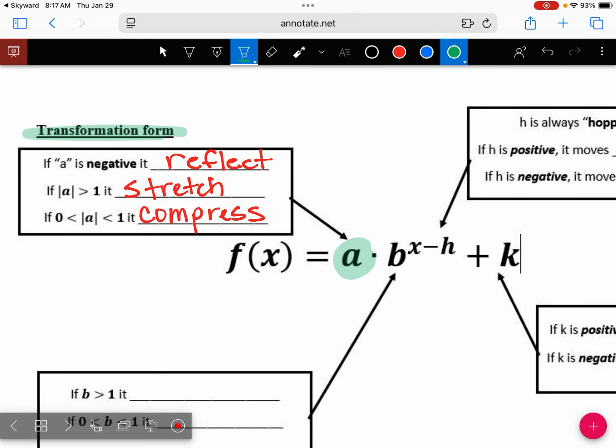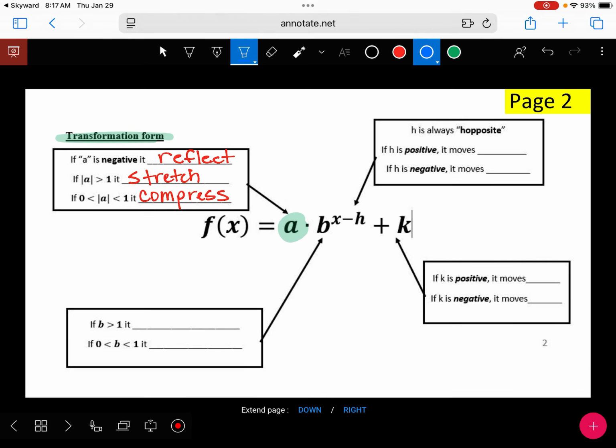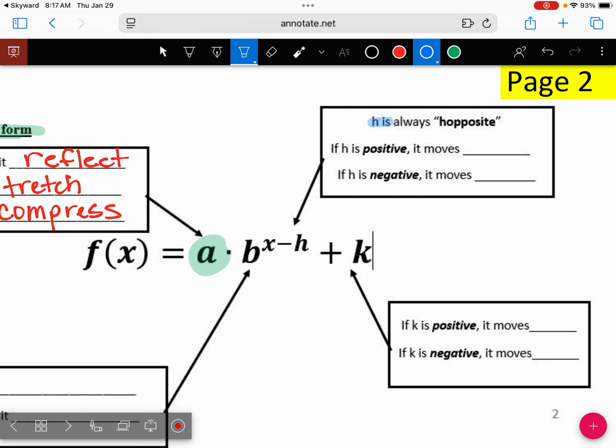All right, then we move on to H. H is in the exponent. You know how in the square root it was underneath the square root? Now it's in the exponent, okay? And we still flip the sign. If it's positive, it makes it move right. And if it's negative, it makes it go left.